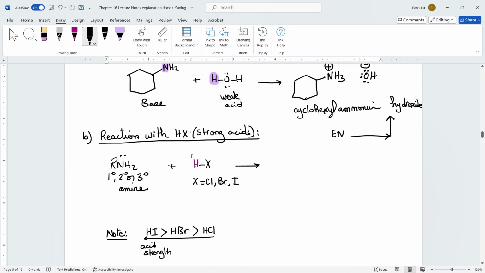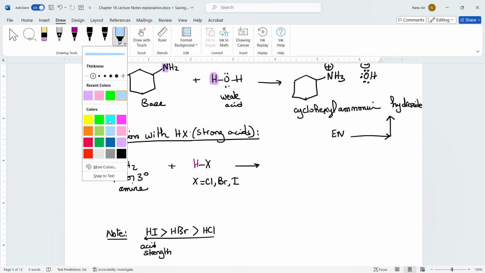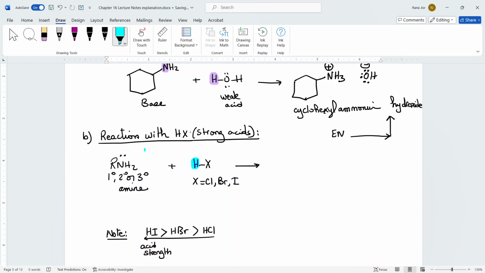So this means that the halogen is going to take more electrons from this hydrogen and make the hydrogen more partial positive. Okay, and this is the definition for an acidic hydrogen. An acidic hydrogen is a hydrogen that is more partial positive. The more partial positive the hydrogen is, the more acidic it is.